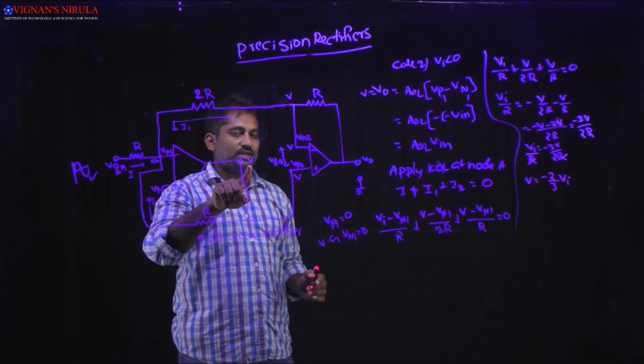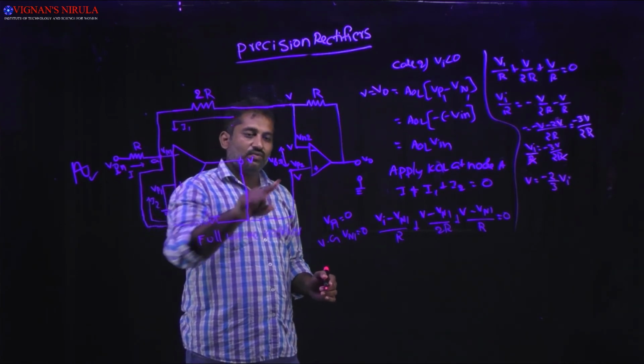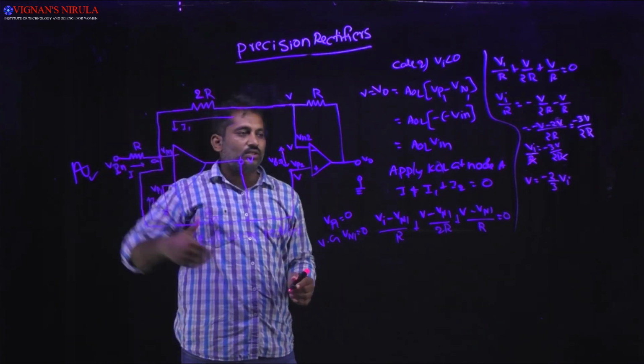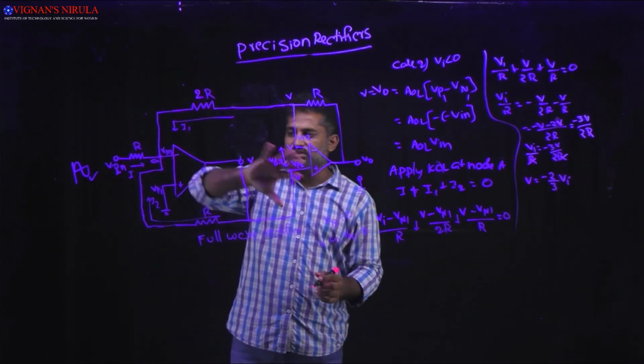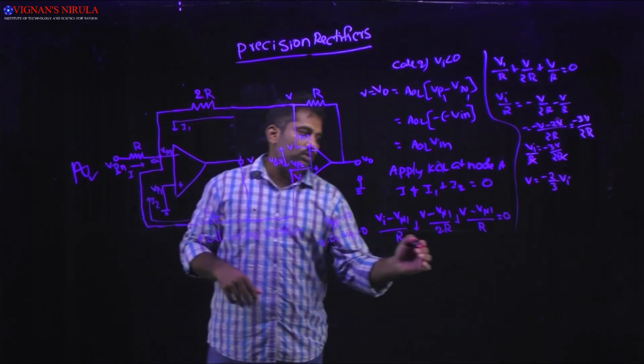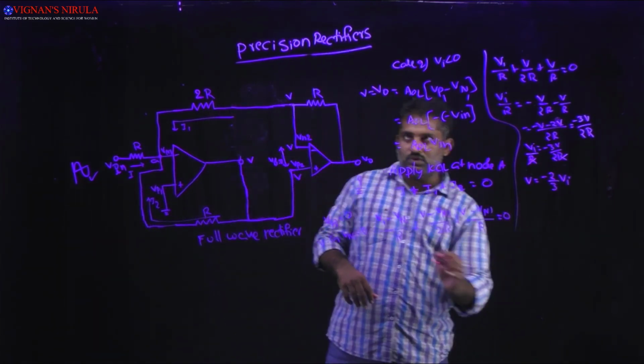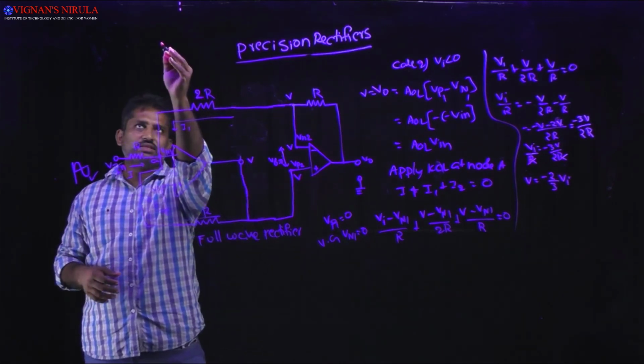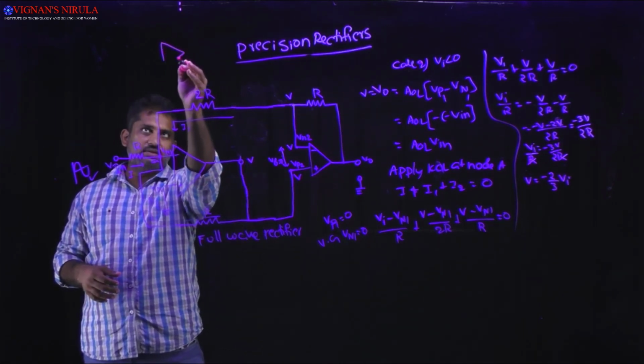Now this V will be applied as the input of the non-inverting op-amp. How is the total circuit converted? Now I am representing it in a simpler way. The circuit becomes like this for the non-inverting side.